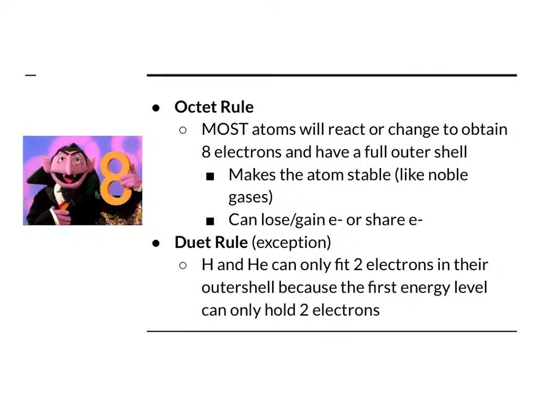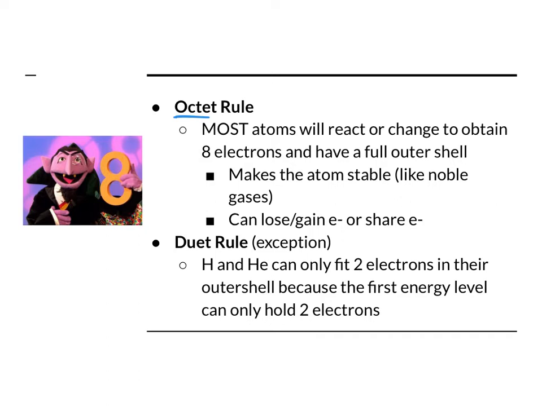So the reason that these different elements and atoms are going to form ions or react with other atoms is due to something called the octet rule. With the octet rule, you can think of what oct means in octopus or octagon. It's basically saying that most atoms are going to react or change to obtain 8 electrons, and that will give them a full outer shell.